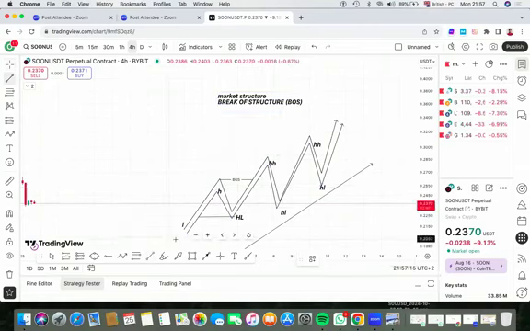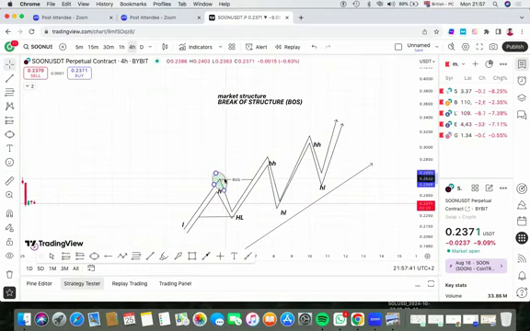The market creates an impulsive move to the upside, and whenever it draws back, that is what we call a pullback. Impulsive move to the upside, a pullback leg to the downside, and then it went up and took this recent high off.